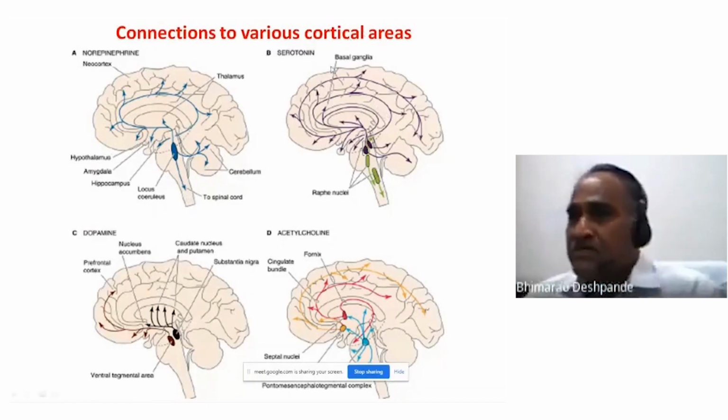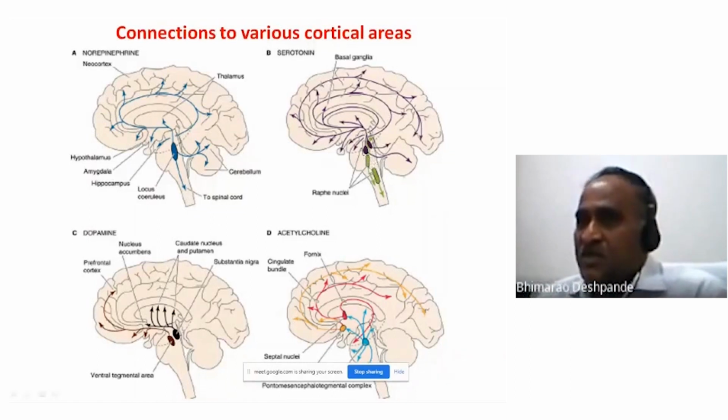We have here the serotonergic raphe neurons, the raphe nucleus. They would activate the upper mesencephalic regions, and then go on to almost the same areas. You look at that, these are the projections.